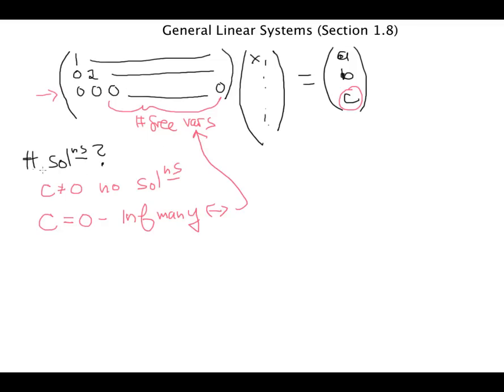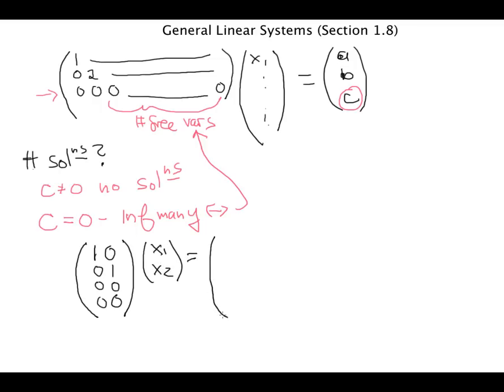Let me do a slightly different kind of example. Suppose I had a tall skinny matrix like this, which looked like 1, 0, 0, 1, 0, 0, 0, 0. Now there are only two variables, x1, x2, and this is equal to b1 down to b4. Okay, how many solutions does this equation have?